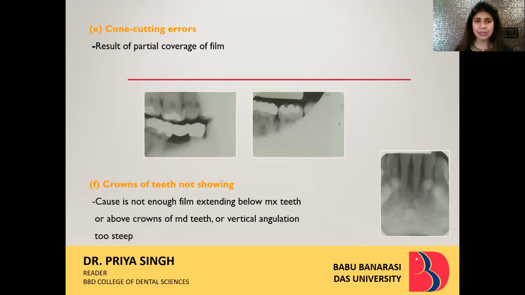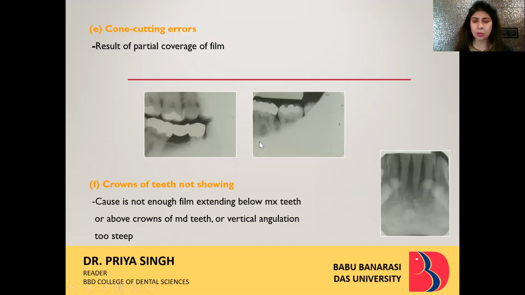Then there is the cone cutting error. This usually happens when you have not aligned three very important aspects: the X-ray source, that is your tube head, the image receptor, and the tooth of interest. If they are not aligned, then it will lead to partial coverage of the film, or the X-rays will not be directed, as you can see here.